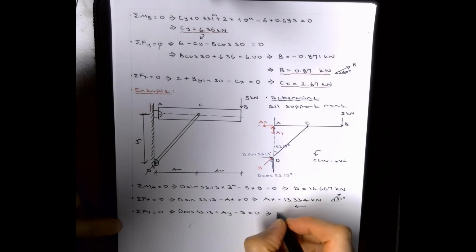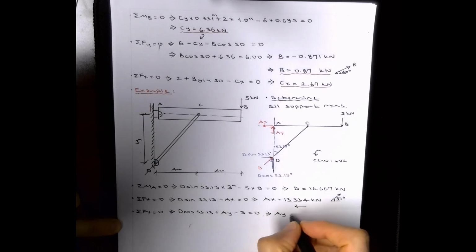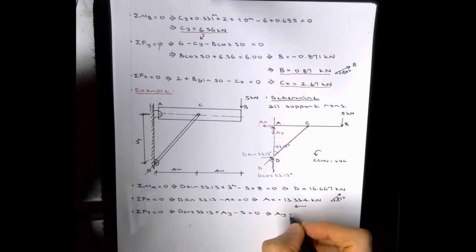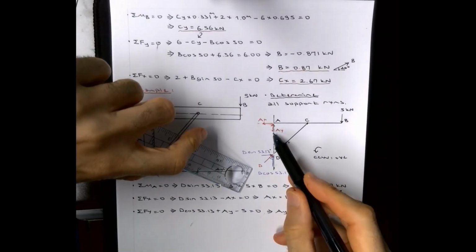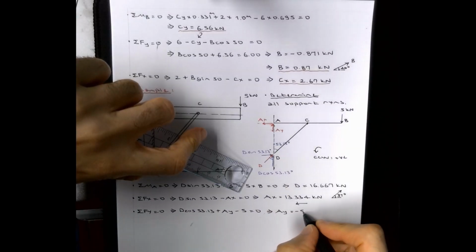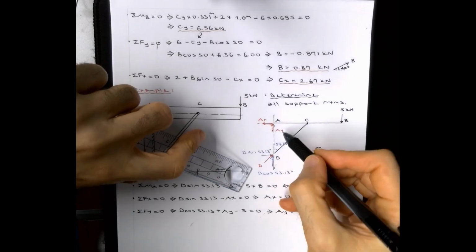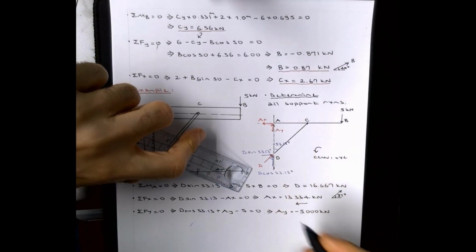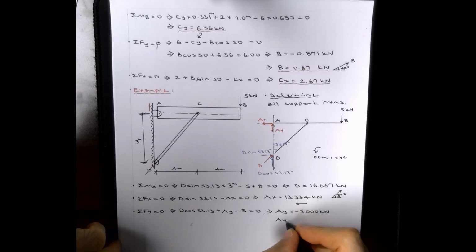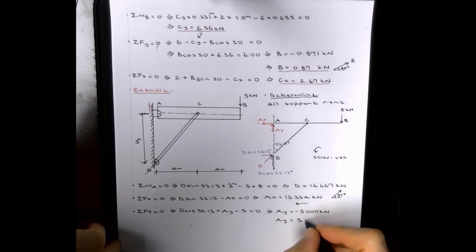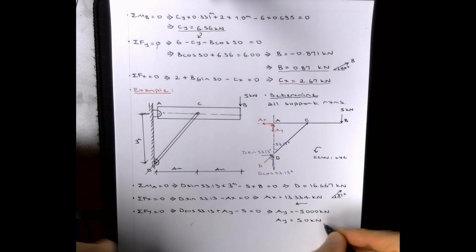So based on this, AY is coming to be minus 5 kilonewton, meaning that the direction is not right. It should be going down. Let's fix that. So I'm fixing it. AY 5.0 kilonewton. This is my final answer, and AY is going to be going down.